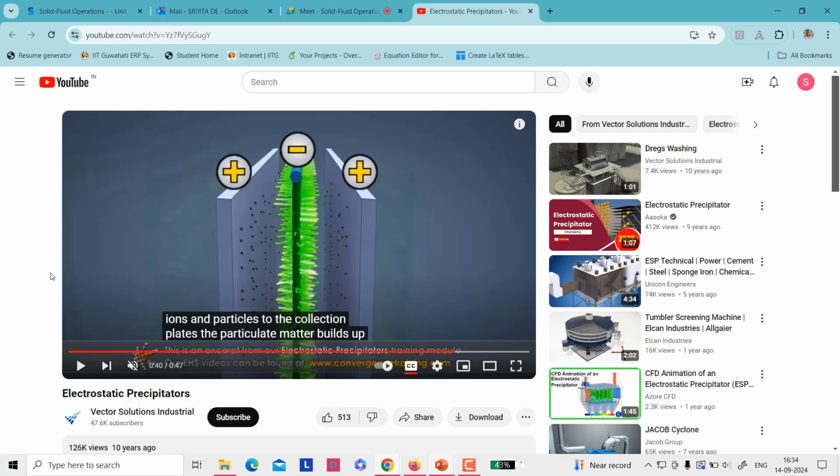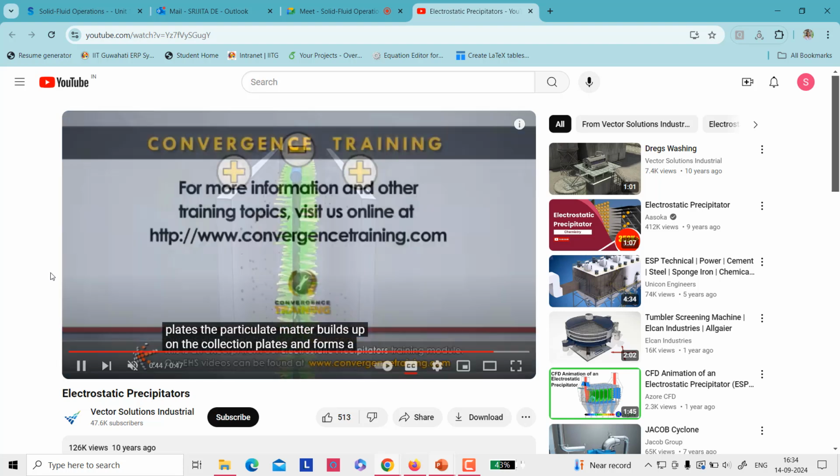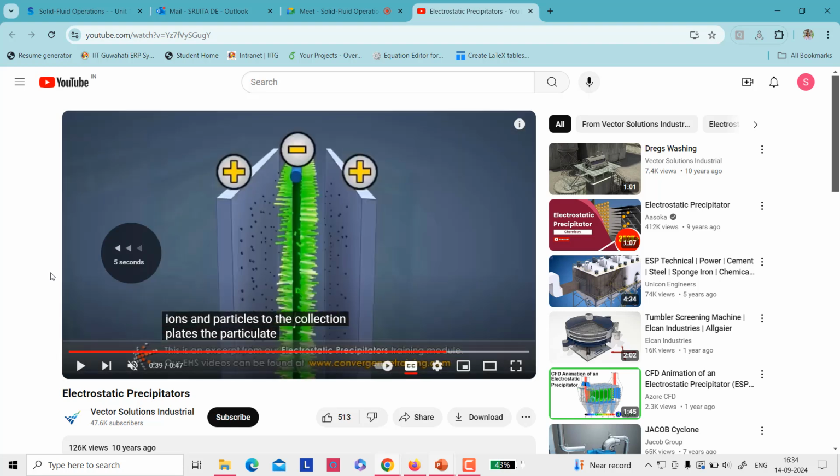And these positively charged particles build up in the positively charged plates, which are catching all the dust particles, and the clear gas is passing through the chamber.